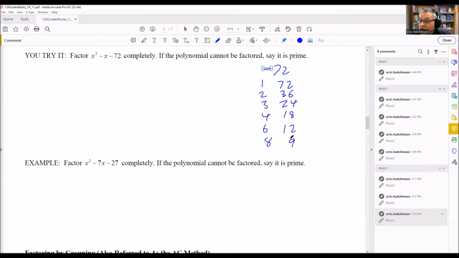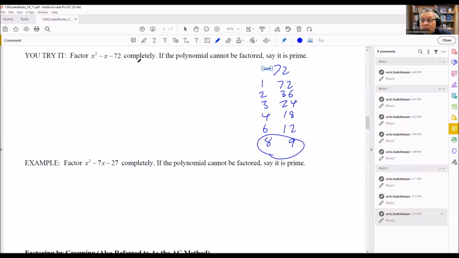Now, out of all these, the one I want is the one where if I subtract the numbers, I get negative 1, because that's really the coefficient of this x here. So two numbers that multiply to make negative 72 but add to be negative 1. The only combination that allows that is this pair, the 8 and the 9.